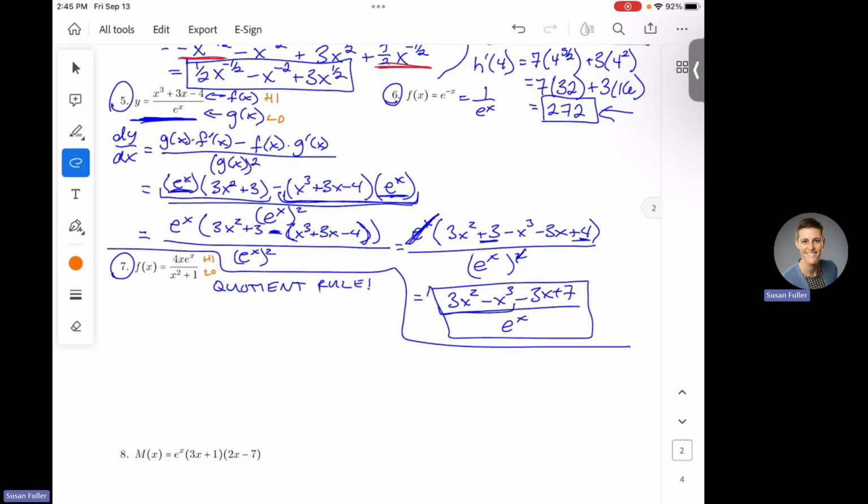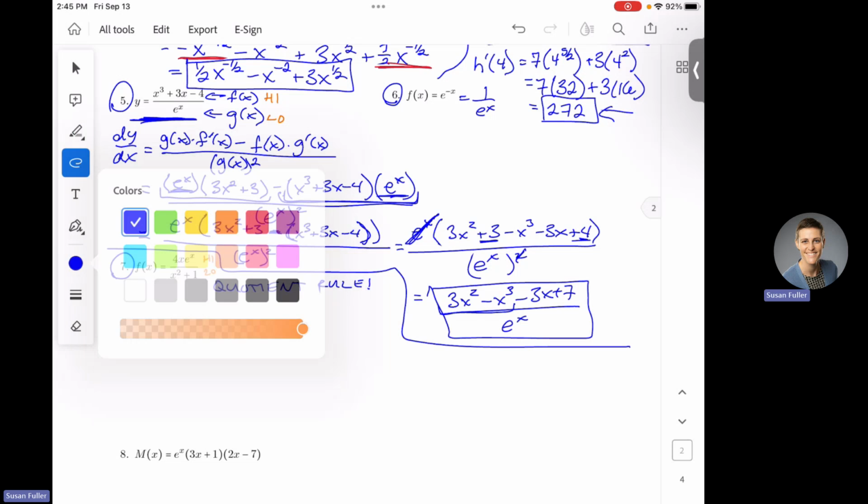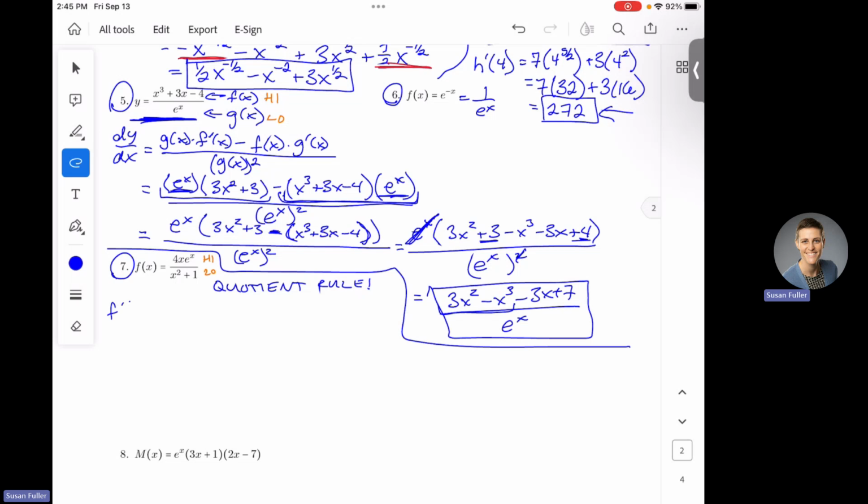So we are going to start with the quotient rule, and the derivative of this entire thing is going to be low, which is x squared plus 1 as is. Now we're going to have to take that and multiply by the derivative of the top.